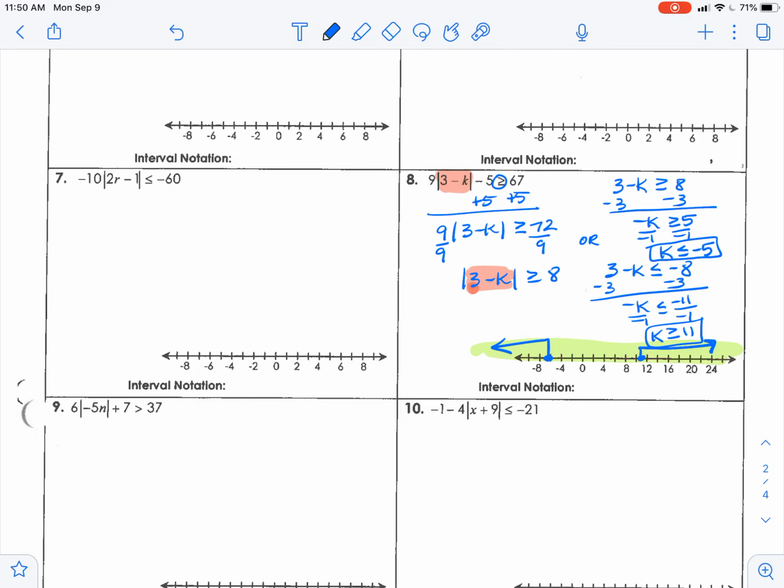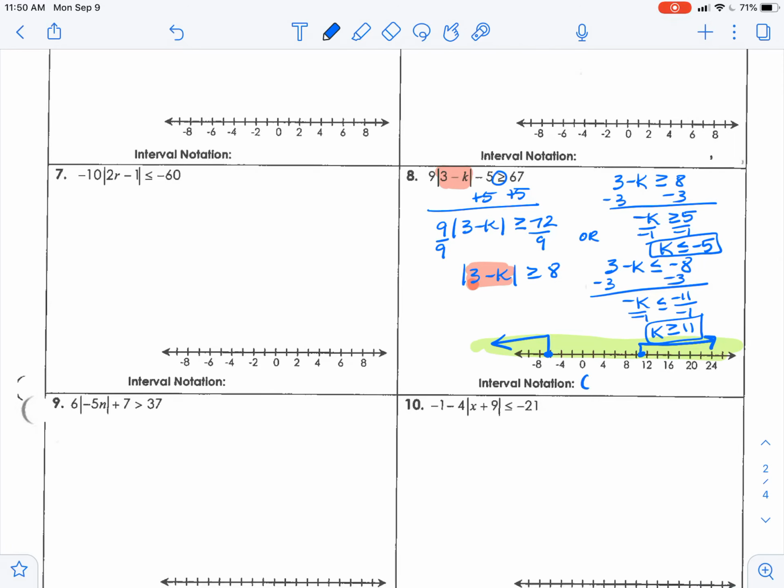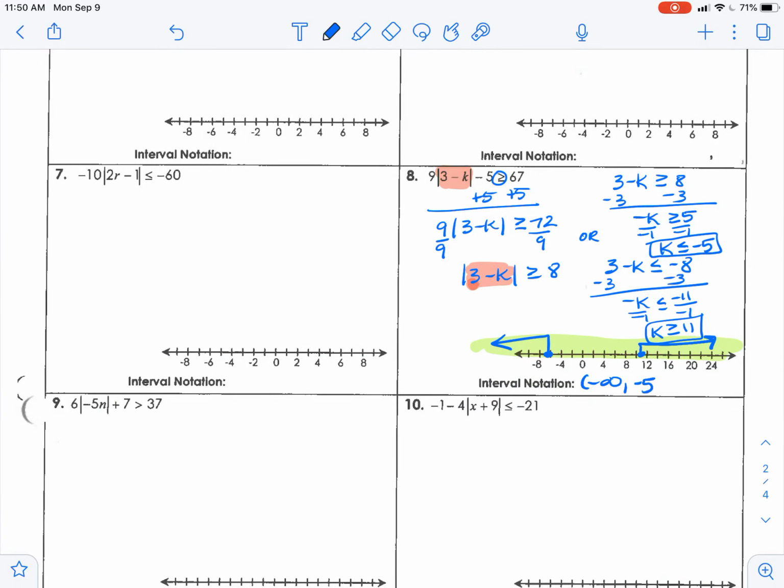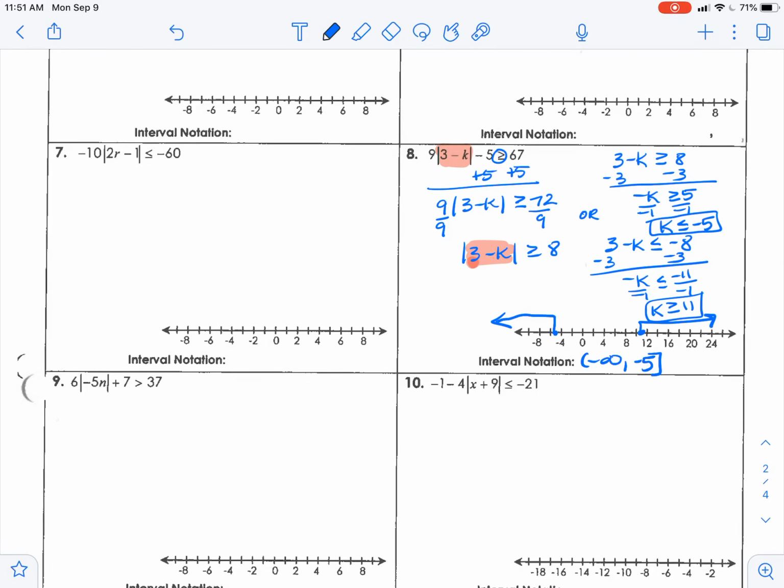So my interval notation then would be negative infinity to negative 5. I think I put that on negative 6. That was my bad. Negative 5 would be here. Just noticed that, I didn't look at my grid. There we go. And that would be a bracket.